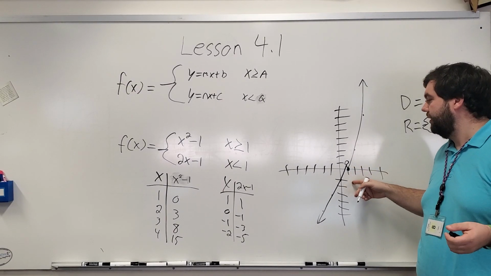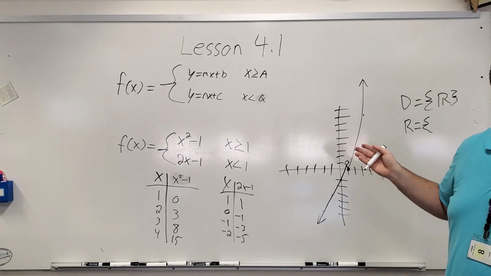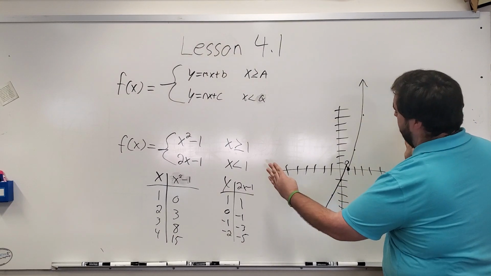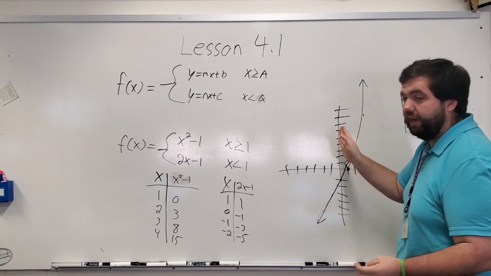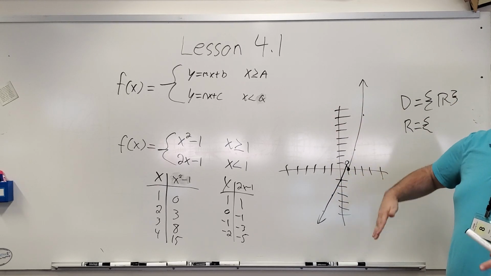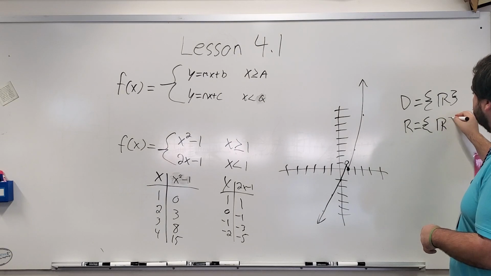Well, we see how these overlap and they go in opposite directions. That means if I were to take these two graphs and squish them up against the y-axis, I would have them squished everywhere, right? So my range is also all real numbers.